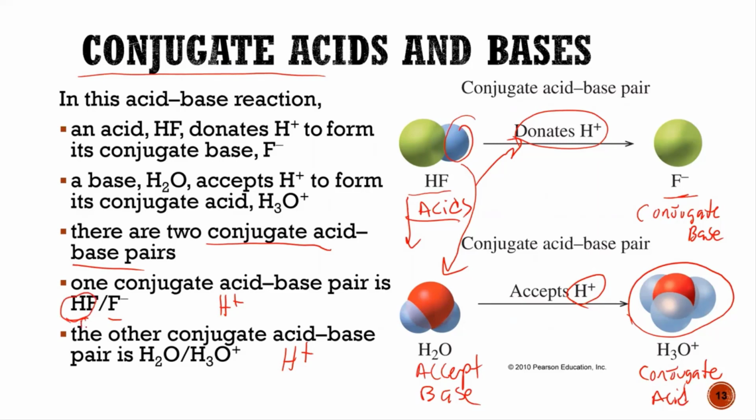That's how we know it's an acid, because it donated. The H2O goes to a H3O plus. So we know that this is a base because it accepted the proton in the transfer. And that's essentially what you have to do with the Bronsted-Lowry definition. You have to look at both species in both sides of the equation, the reactants and the products, to see where does the proton go.